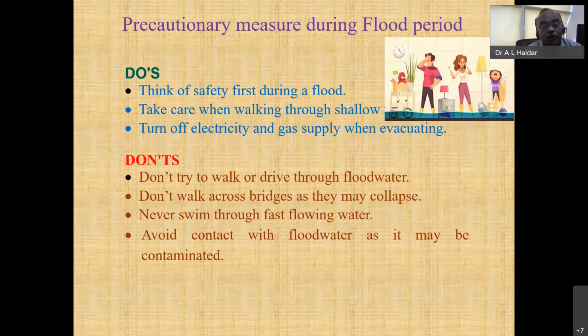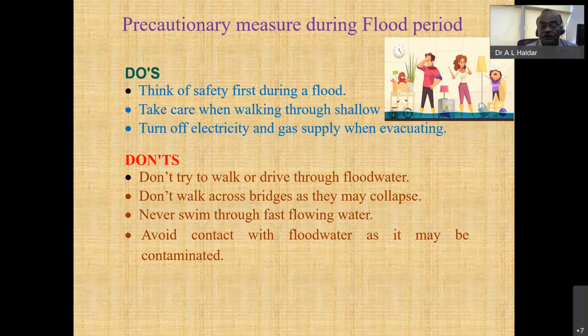Now, what you should do and what you should not do, you should follow the rules. Think of safety first, for yourself, your family, and the public. Take care while walking through shallow water, and only walk in shallow water. During that time, all electrical appliances and gas supply should be stopped. Don't try to walk right through the flood water.